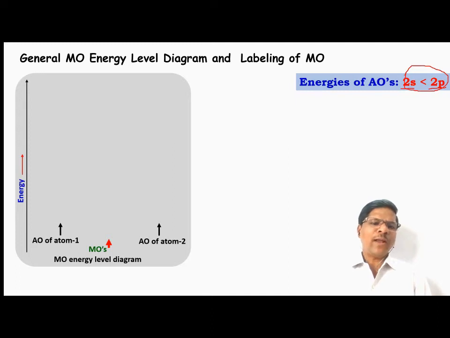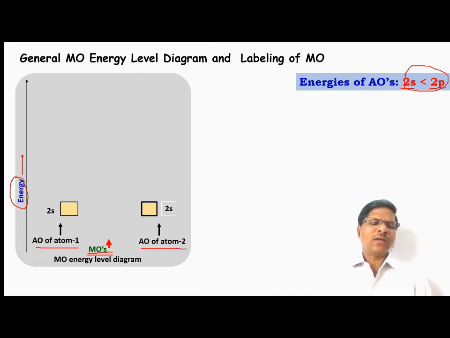If you see the diagram, the vertical axis is the energy axis. On the left side we have the atomic orbitals of atom 1. On the right hand side we have the atomic orbitals of the second atom, and at the central position we have the molecular orbitals. So this is the organization of the atomic and molecular orbitals.